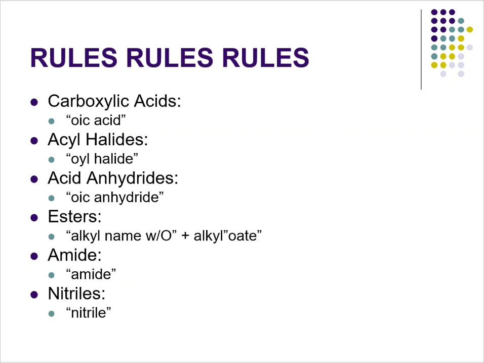For each one of these groups, we had a modified ending, and that modified ending was oic acid, oyl halide, oic anhydride. The esters were the oates, the amides were amides, and the nitriles were nitriles. So there's a quick recap, not a full-length recap, but a very quick kind of touch base.